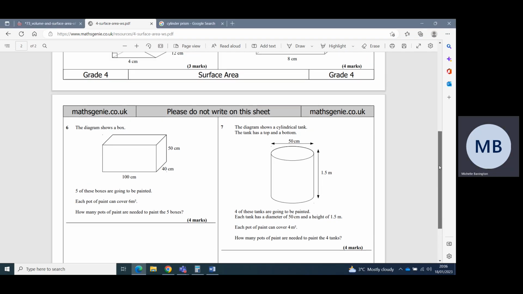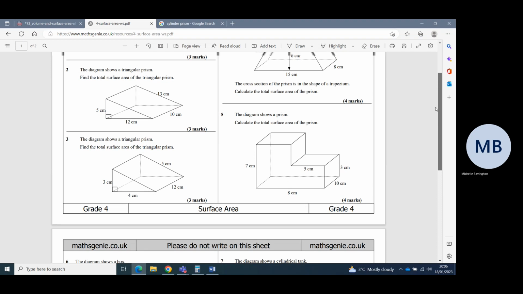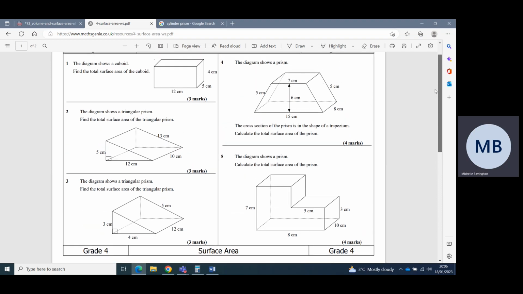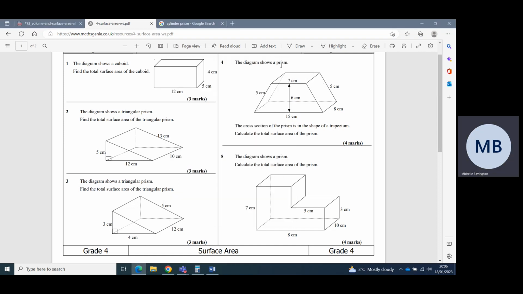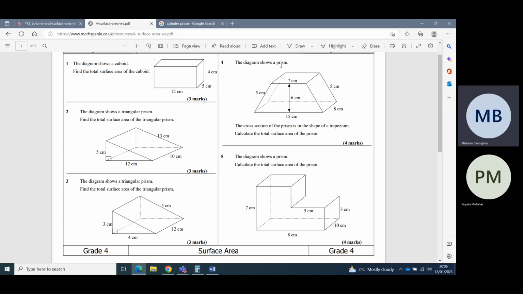I'll let you look at that. You can take a photo of that, or you can just pause the video and write down the information. It is on Maths Genie. Thank you, Maths Genie.